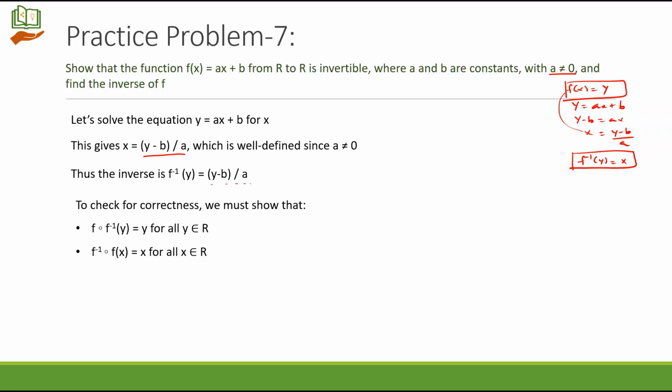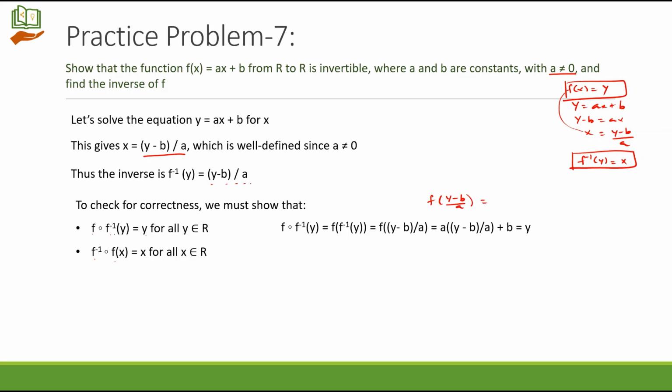To check for correctness, we must show that the composition of f and f inverse will be equal to y for all y, and f inverse and f is equal to x for all x. So we have to find f of f inverse of y. What is f inverse of y? It is y minus b by a. F of y minus b by a.